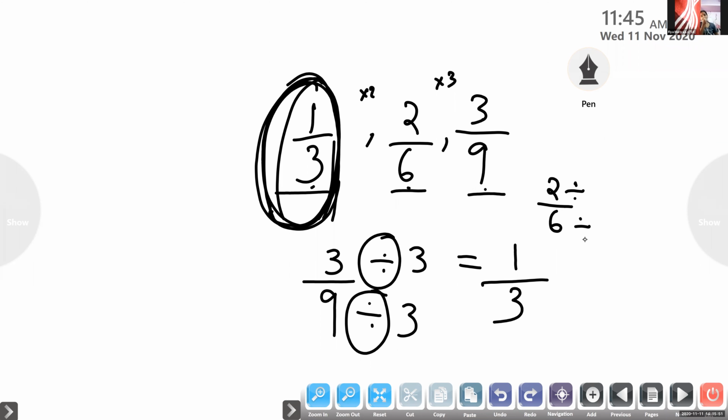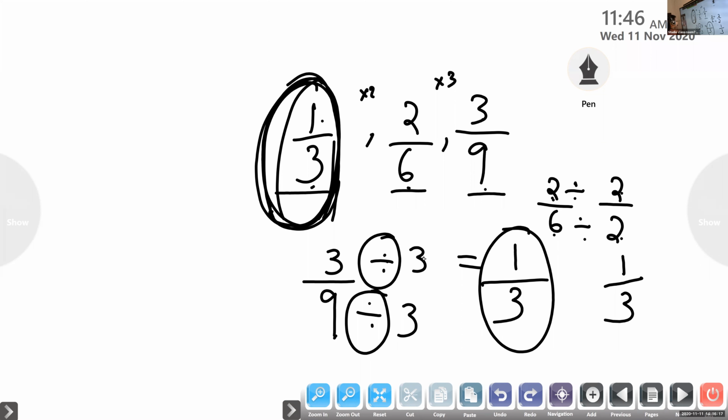I want to make it 1. Yes, very good. 2 divided by 2, you will get 1. 6 divided by 2 is 3. So children, 3 by 9 can be made into its lowest form, 1 by 3, by dividing the numerator and denominator by 3. And 2 by 6 we can divide by 2.